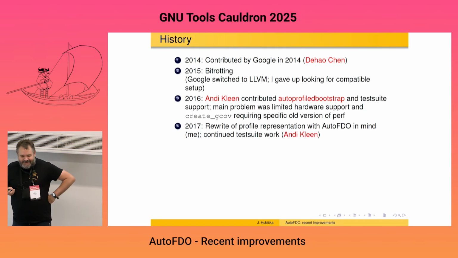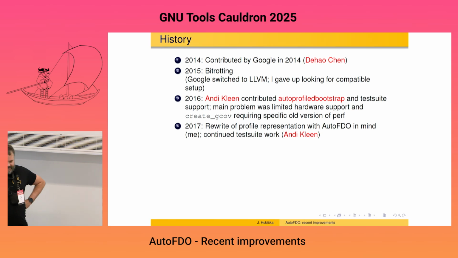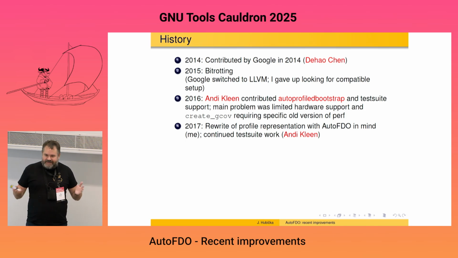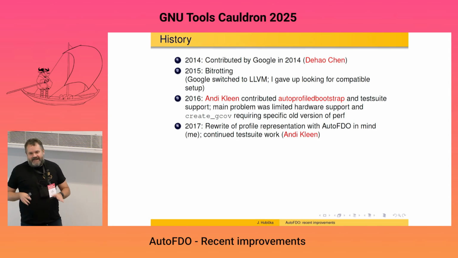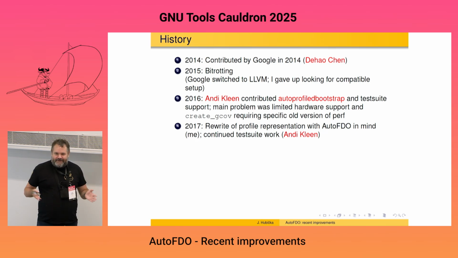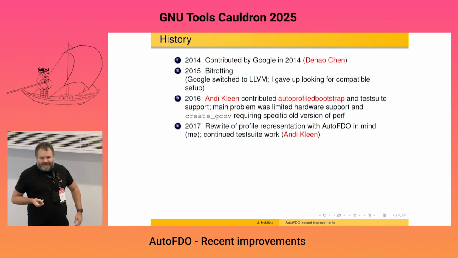And in 2017, I decided that I should do something, and I worked on the rewrite of the profile representation in GCC. The problem was that at that time, the profile representation was basically implemented twice. Once for the static profile, which was frequencies and probabilities, and once for the measured profile, which was counts. And this was the third profile, which didn't fit either of these two categories.